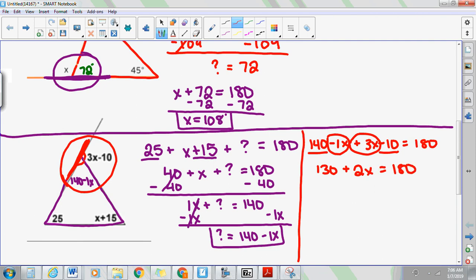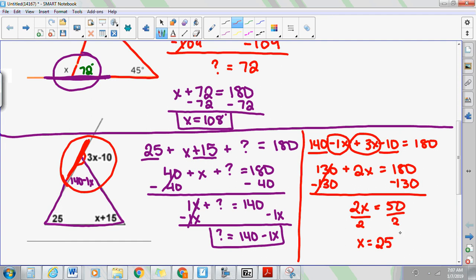And it equals 180 because we didn't change that. I can subtract 130 from both sides. So I get 2x equals 50. Divide by 2, and I get x equals 25.